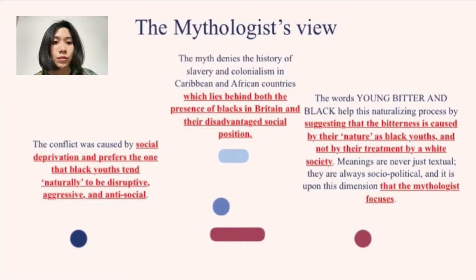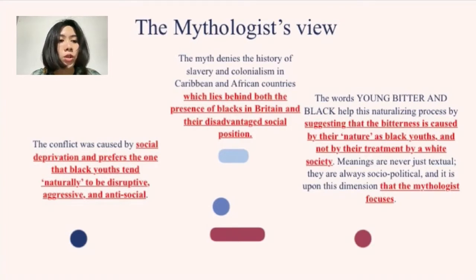The mythologist's view. There are 3 points in the mythologist's view. The first one, the myth denies the history of slavery and colonialism in Caribbean and African countries, which lies behind both the presence of the blacks in Britain and their disadvantaged social positions. The second one, the conflict was caused by societal deprivations, and it favors the idea that black youths tend naturally to be destructive, aggressive, and anti-social.